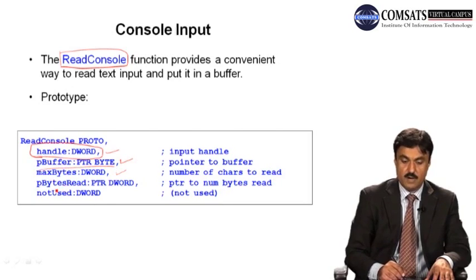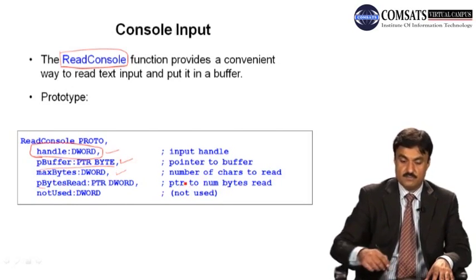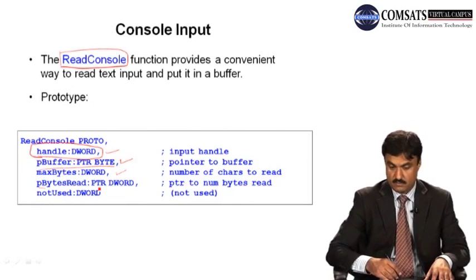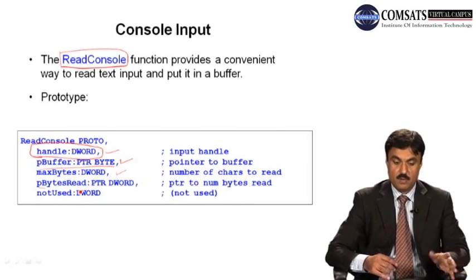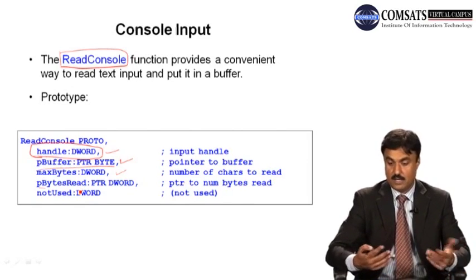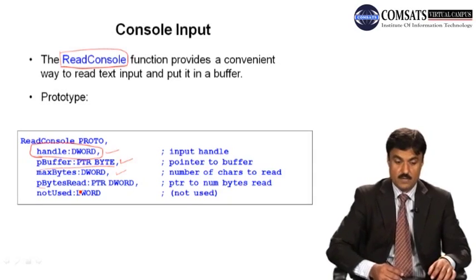We need the maximum number of bytes, the number of characters to read, and also the pointer to the number of bytes that were actually read. Here you can see the prototype.